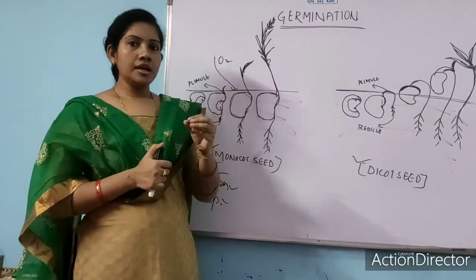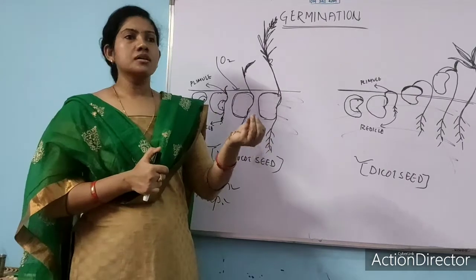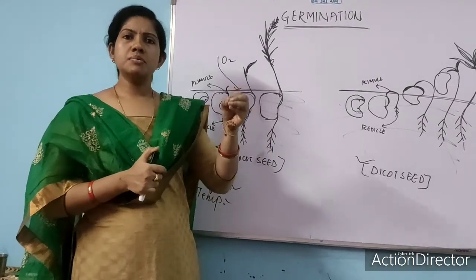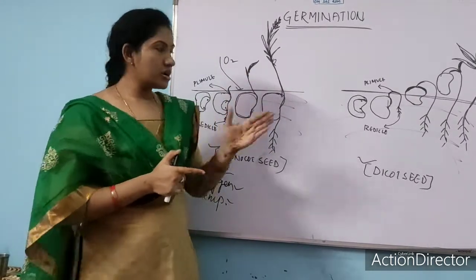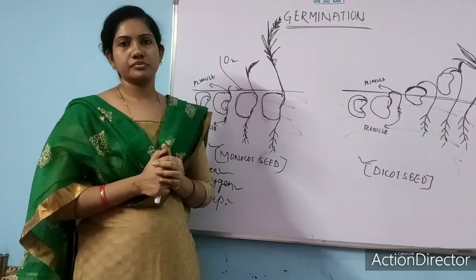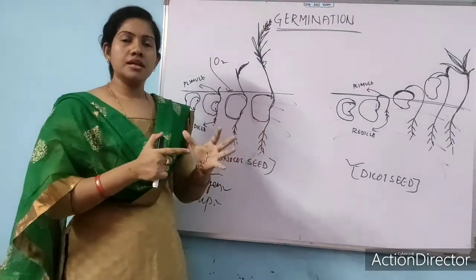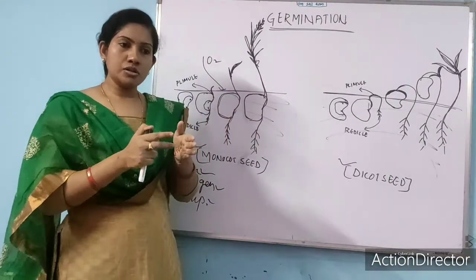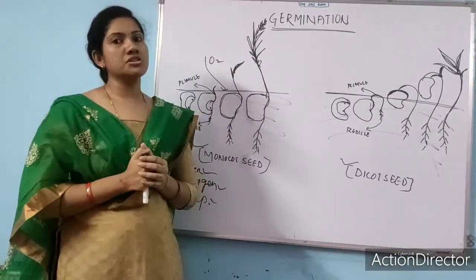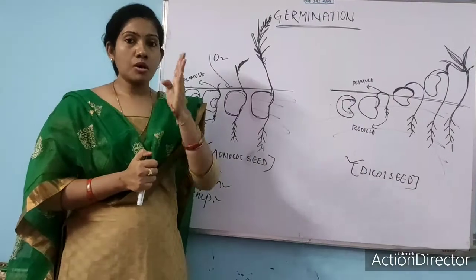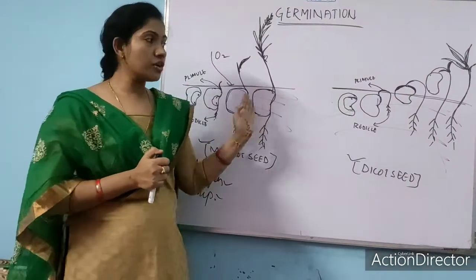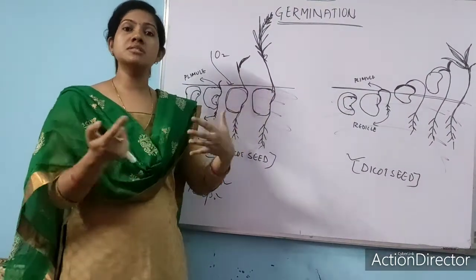Generally, 10 degrees Celsius to about 32 degrees Celsius is the optimum temperature for the germination of seed. Optimum means suitable temperature for germination. But remember that the optimum temperature is not fixed for all seeds. It varies from seed to seed.